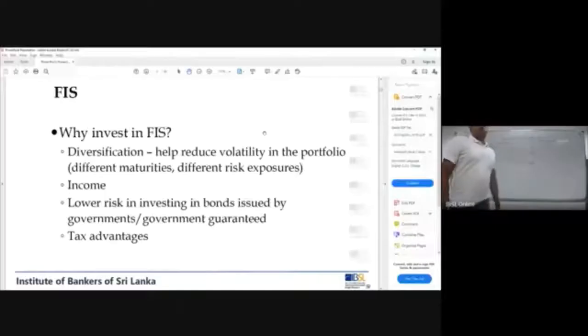Why would you invest in fixed income securities? Now, before we go there, just look at this instrument and compare it with, say, stocks, with shares. In the case of a bond, it pays a periodic payment and has a maturity.